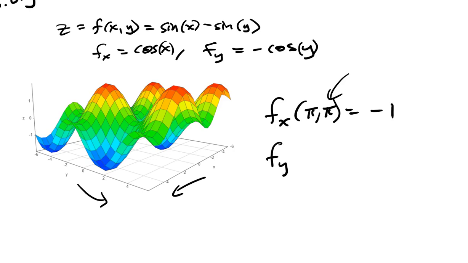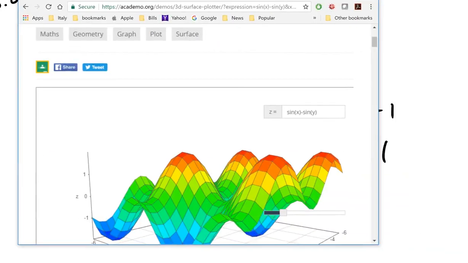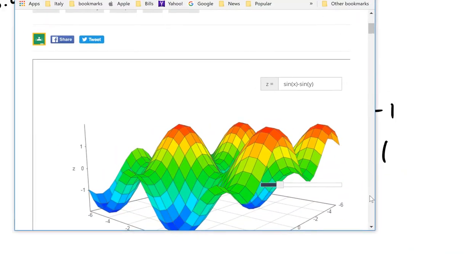And then f sub y at pi, pi, we're going to look at this one now, negative negative 1, which is just positive 1. So in the strict x direction, it's negative, and in the strict y direction, it's positive. So I'm going to bring over the graph that we can spin around, and let's see if that looks like it's the case.